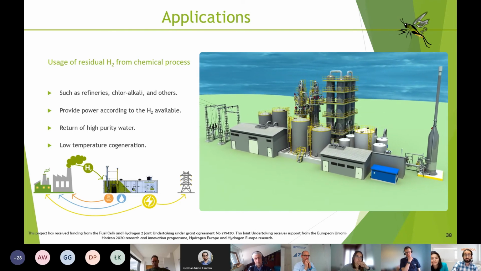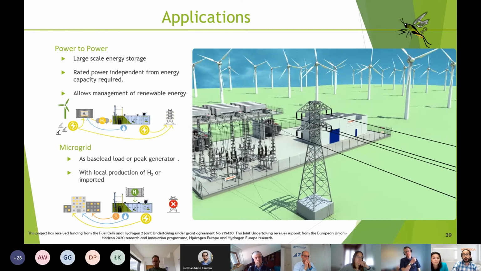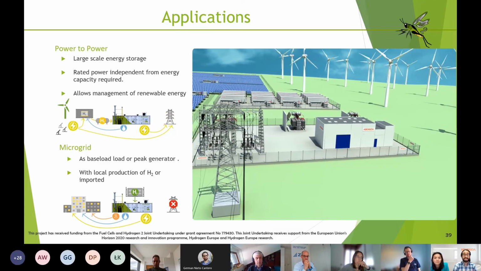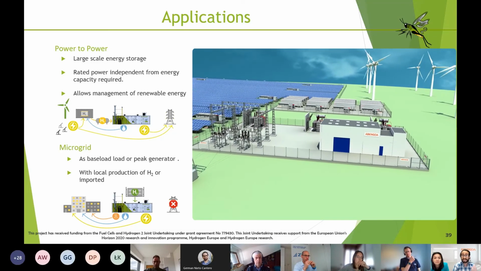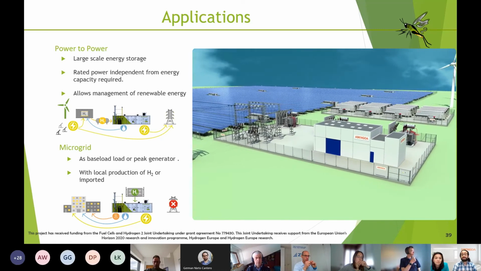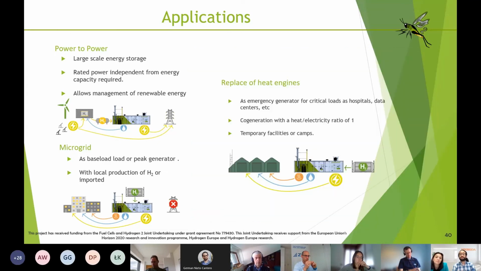It can be used for low temperature cogeneration, but also as a mobile and temporary generator, much like conventional diesel gensets, as an emergency generator for critical loads like hospitals, data centers, air traffic control, as a base load generator for microgrids, and of course integrated into a power-to-power system combined with renewable energy sources to reduce energy imports from other countries or parties. We are all seeing in these turbulent times how important it is to be energy independent.